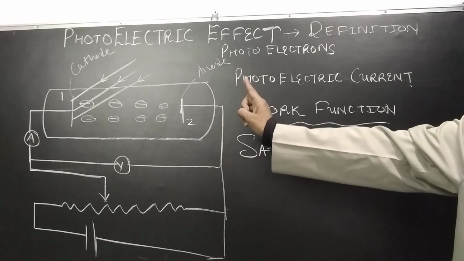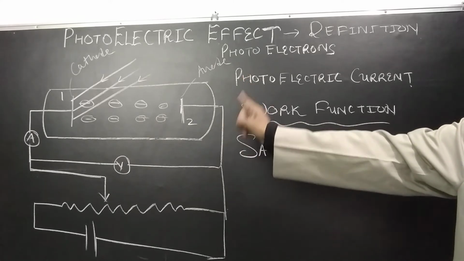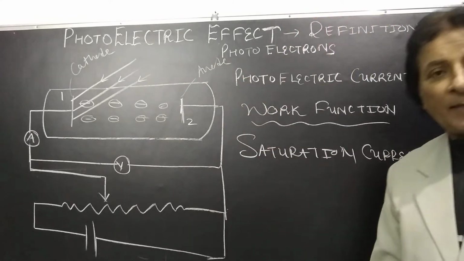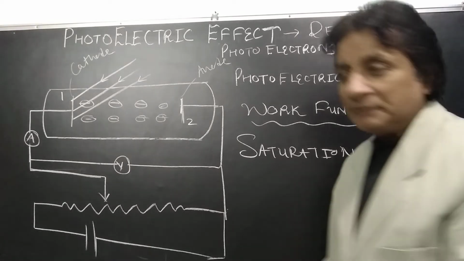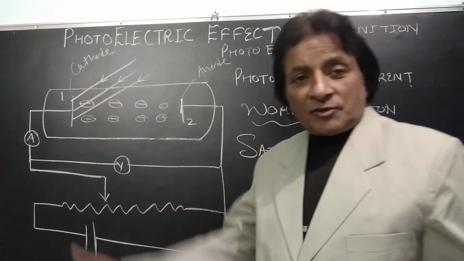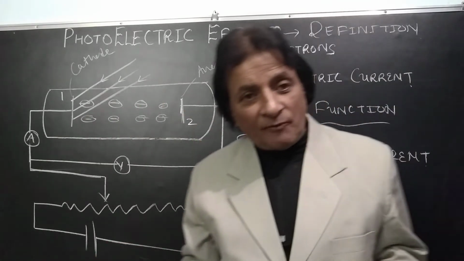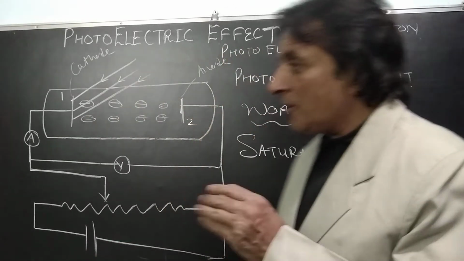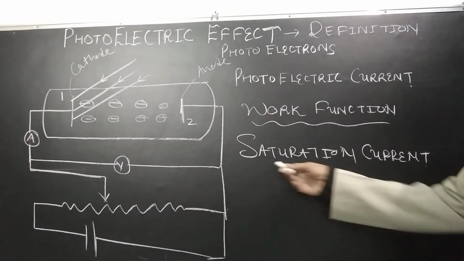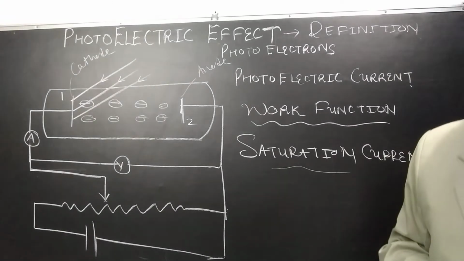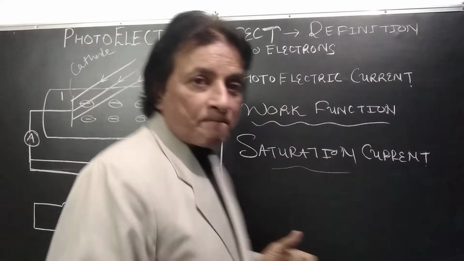That is the maximum value of photoelectric current. Hope it is clear. When all the electrons emitted by the cathode are reaching the anode, then the maximum value of current is obtained, and that value of current is called saturated current. Is it clear?